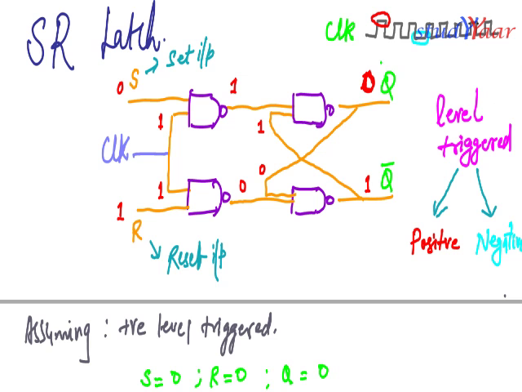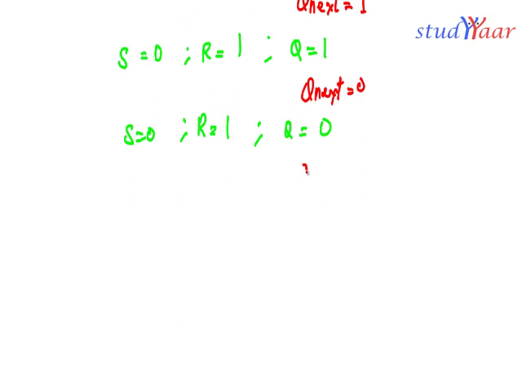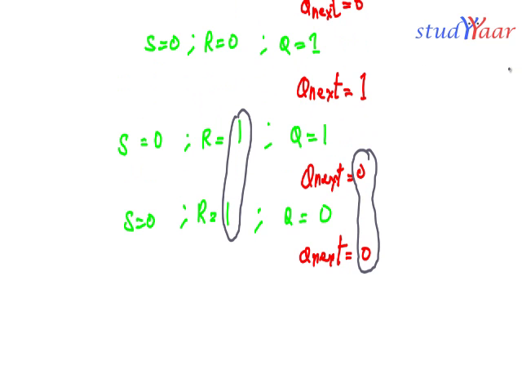So my circuit remains in the same state. My Q next is equal to 0. So you can say that whenever your R is 1, okay, your Q next remains in 0. Okay, your next state becomes 0.